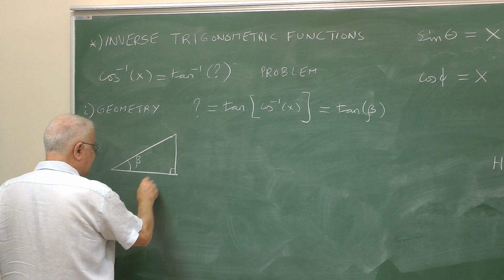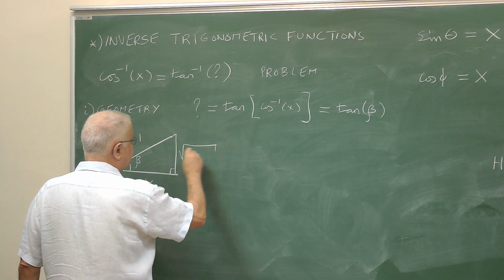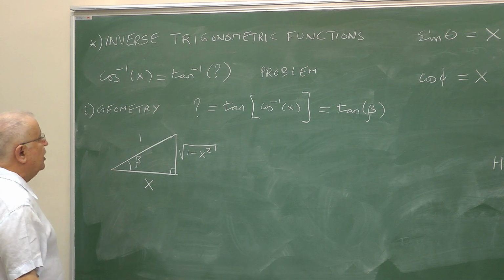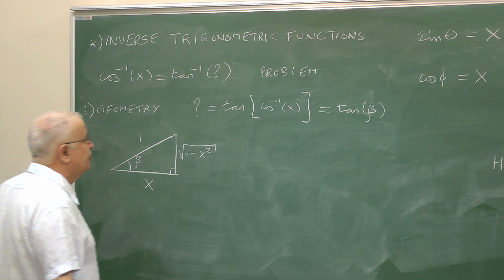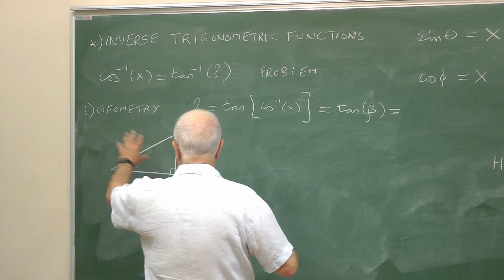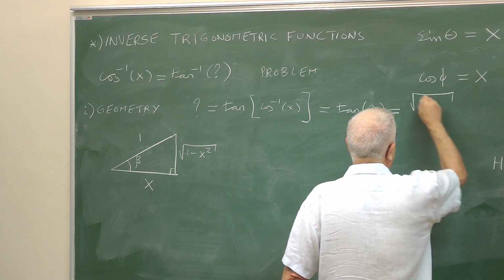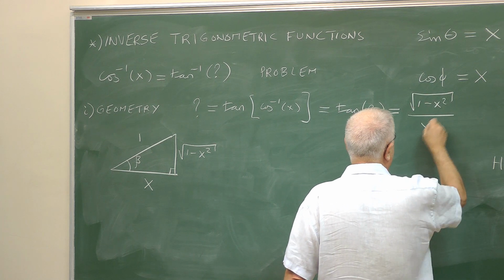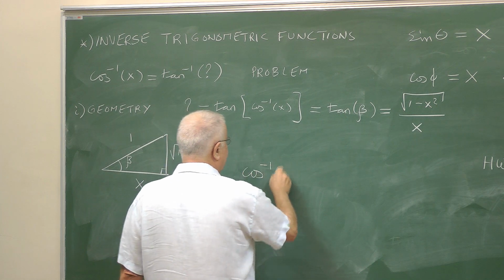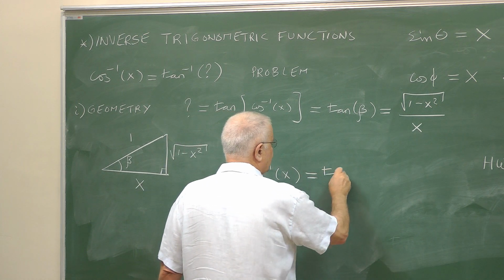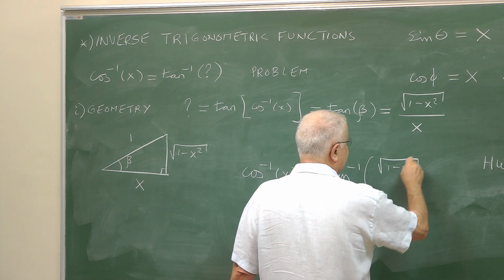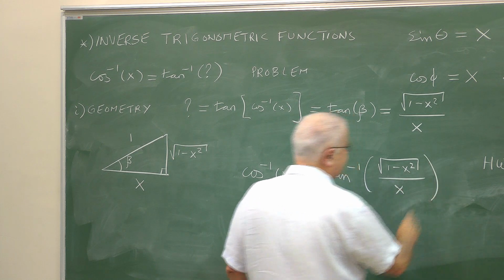So how? X, 1, and this is square root of 1 minus x squared. Therefore, what is tangent beta? Tangent beta is, just reading from here, square root of 1 minus x squared divided by x. So my identity, inverse cosine x, equals arctangent of square root of 1 minus x squared divided by x.